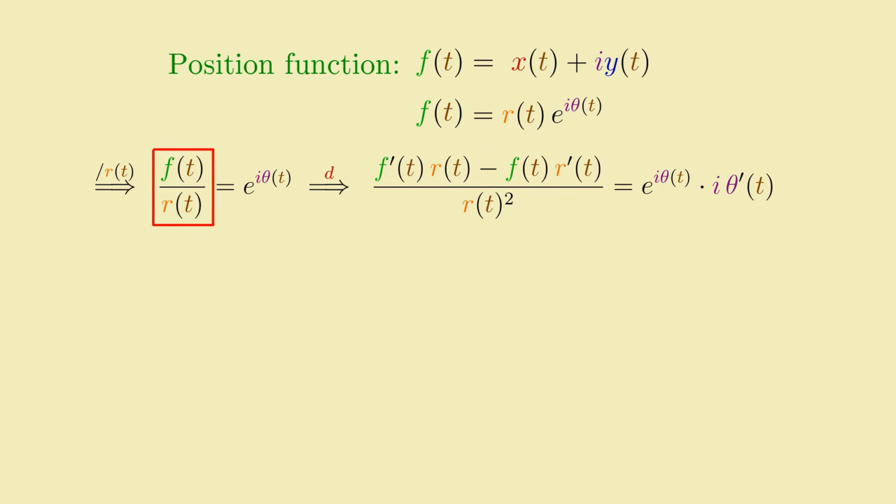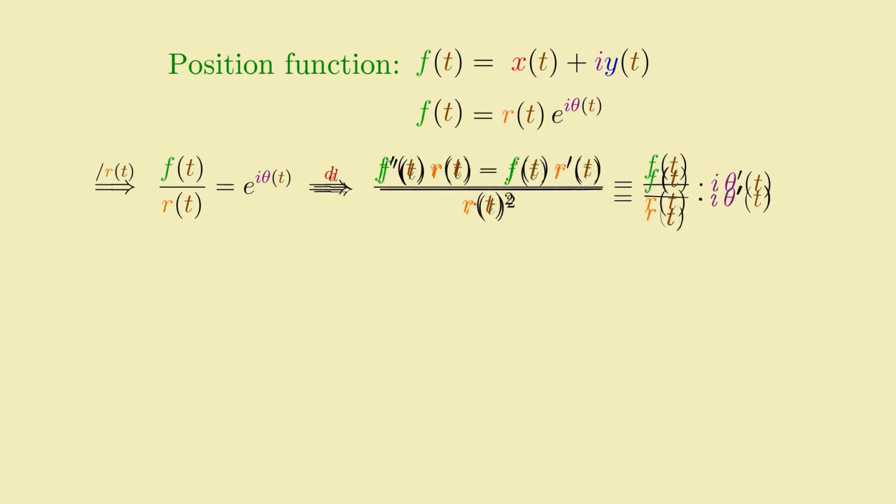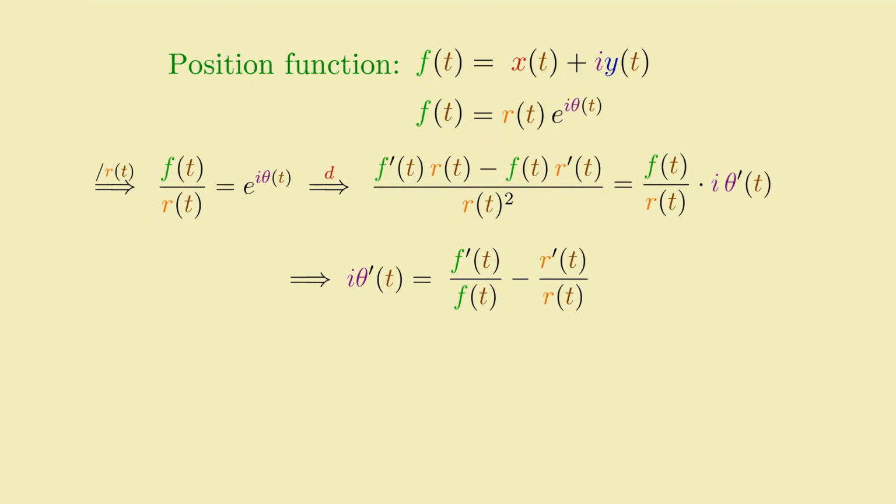Well, it means we can substitute f over r for e to the i theta right here in our new equation, giving us f of t over r of t times i theta prime of t, equal to the quotient mess on the left-hand side. From here, with a little rearranging, you can solve for i theta prime of t and get that it equals f prime over f minus r prime over r.